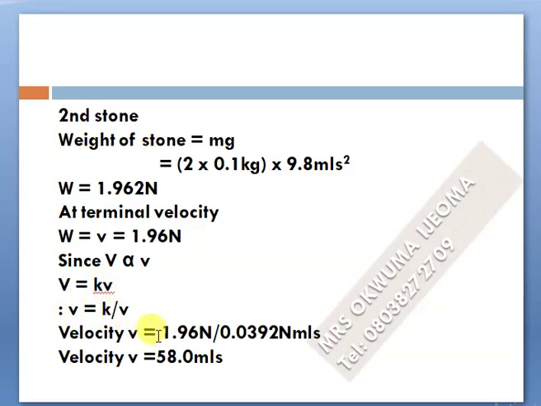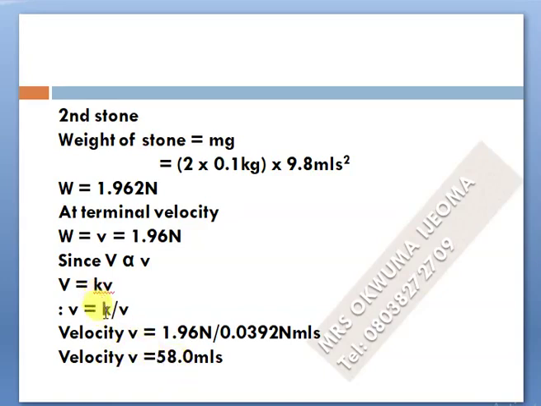And what is our K? Our K, sorry, we now have that V is equal to what? Viscous drag over K, and that will give us 1.96 all over our K, 0.039 Newton meter per second. Now in this case, my speed, which is my velocity, becomes what? 58.0 meter per second.